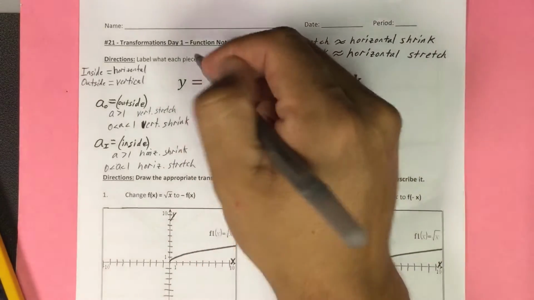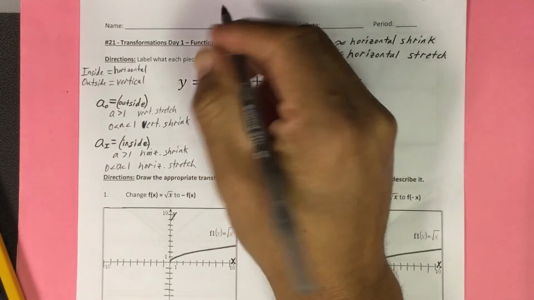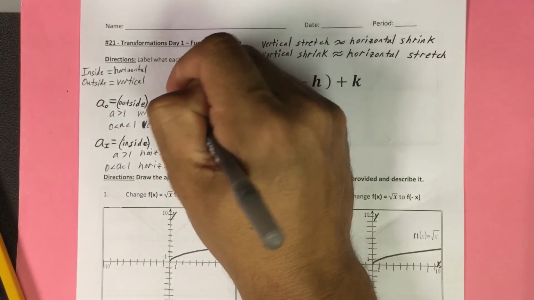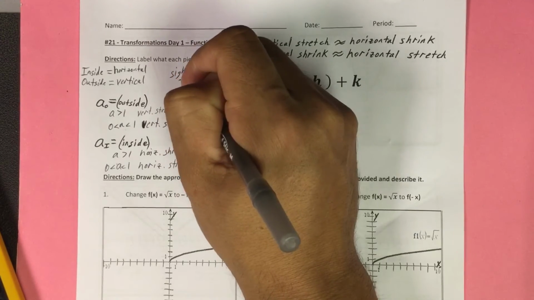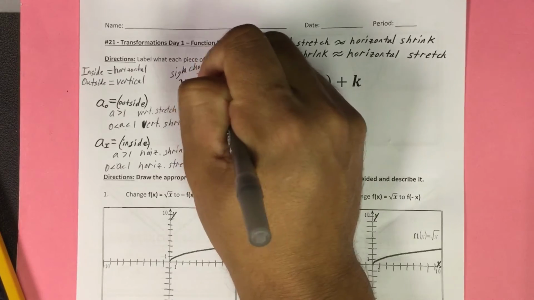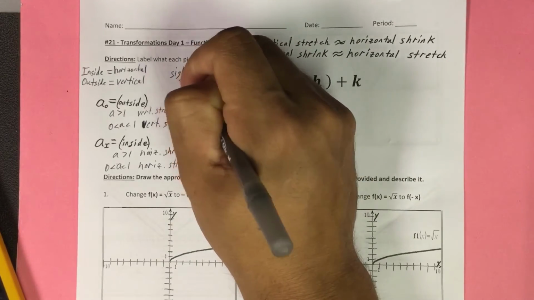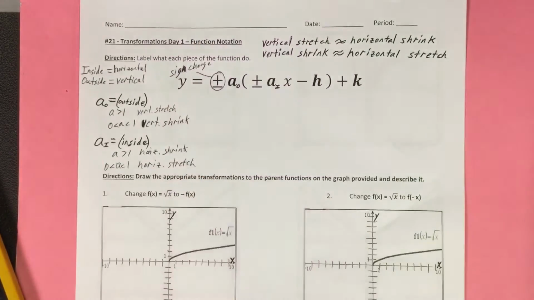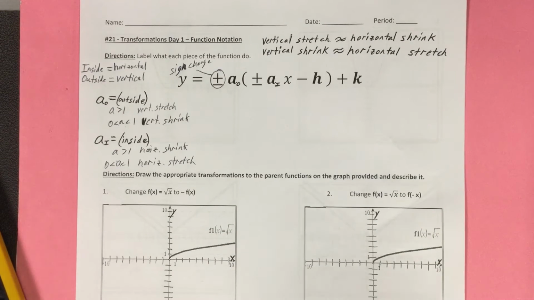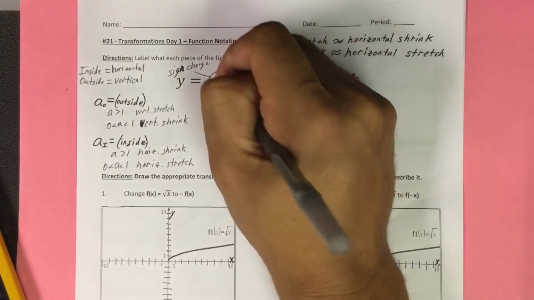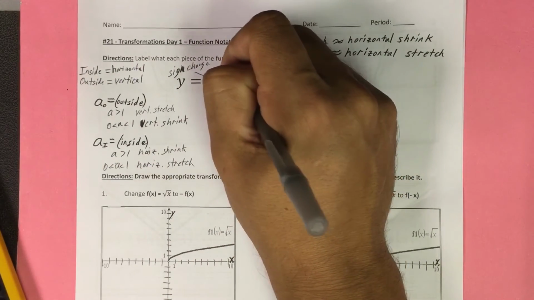All right, the rest of this stuff is pretty easy. This right here is a symbol that just means that there is a sign change. Okay, if they make it positive or they make it negative, if they change the sign, that's going to result in a flip or a reflection.